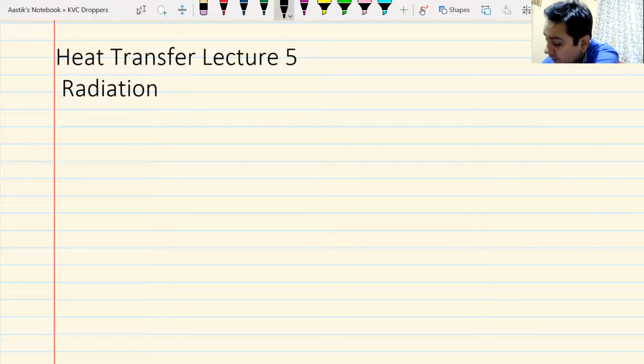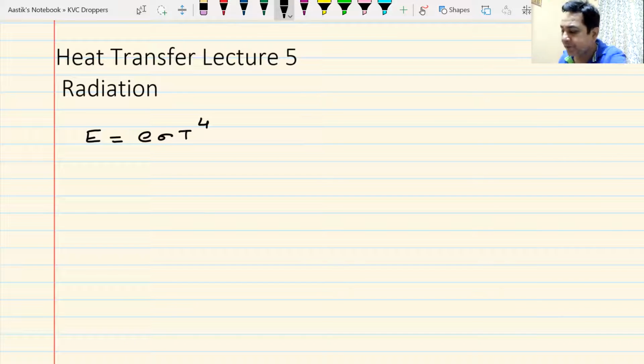Okay. So what does Stefan's law say? It says that for any body, the emissive power will be equal to E sigma T raised to the power 4, where E stands for the emissivity, sigma stands for the Stefan's constant, and T stands for the absolute temperature.